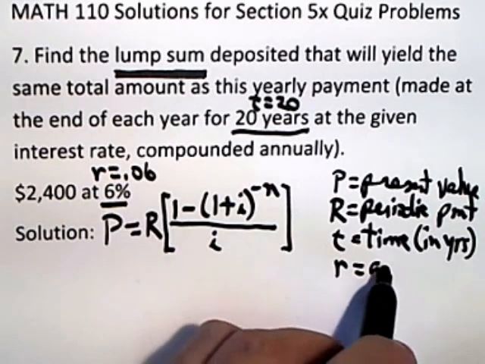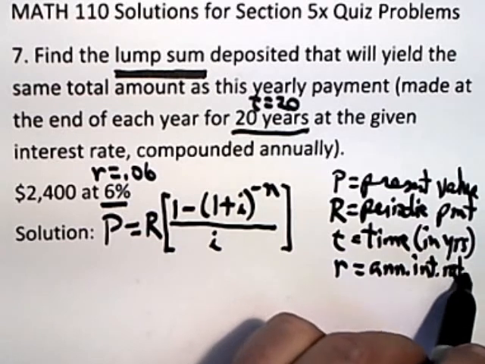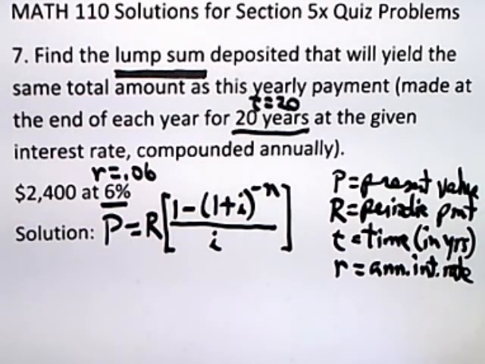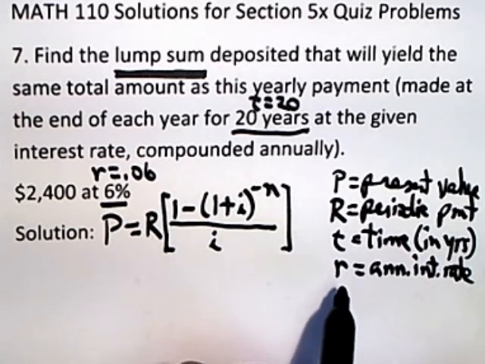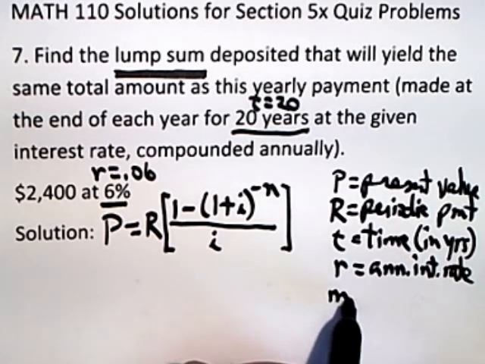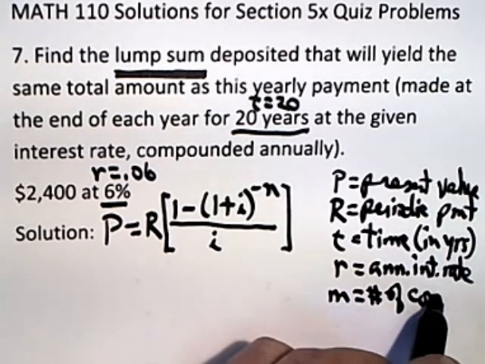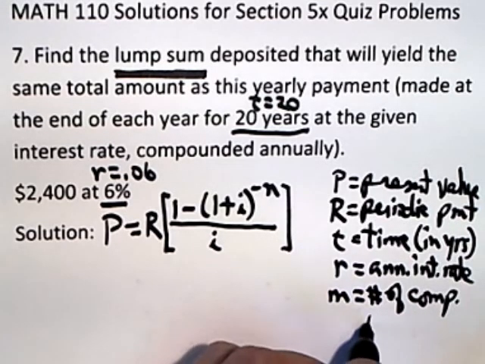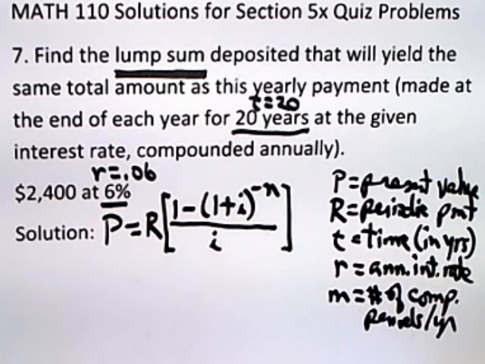So again, little r is the annual interest rate. And then little i is really r over m, so we need to know what m is. M is the number of compounding periods per year.